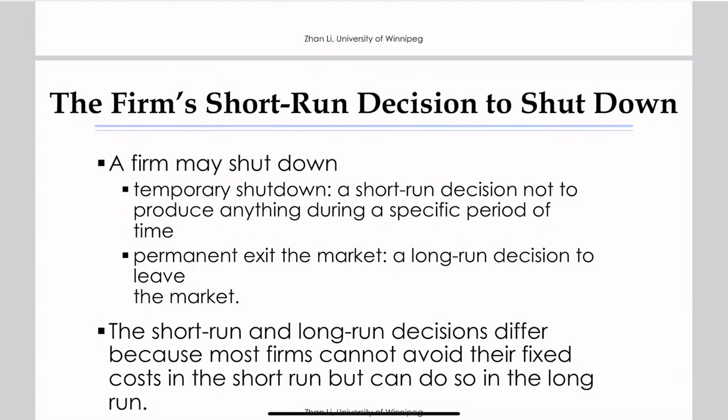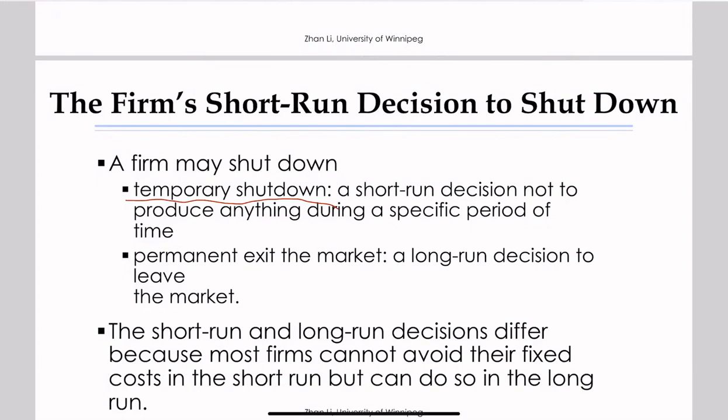And we will discuss two kinds of shutdowns. The first is the actual shutdown or temporary shutdown. It basically means that the firm will shut down temporarily, only for a specific period of time. And importantly, this is a short-run decision.